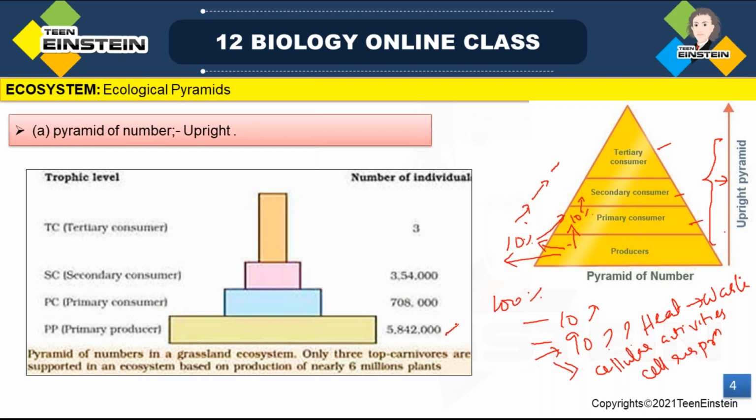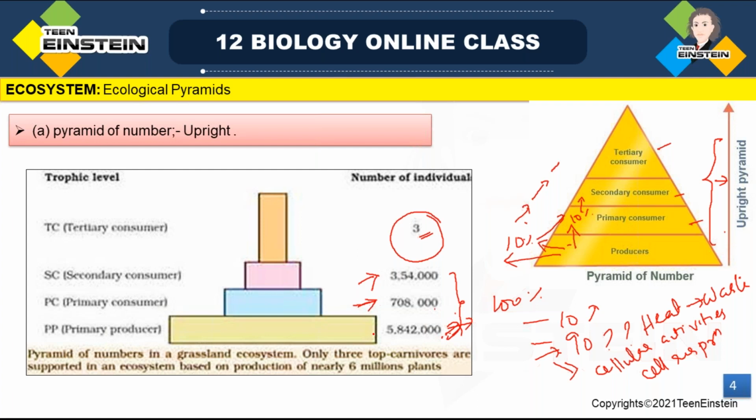See here, from this much huge production, only 3. Consider the number of individuals. When it is going to top levels from the base level, the number of individuals decreases. When it is going to the primary consumer, from this trophic level to the next, the number is reducing. Again, when it is moving to the next level, the number is reducing. So when it is reaching the top level, only 3 individuals are getting supported from this much huge number of producers.